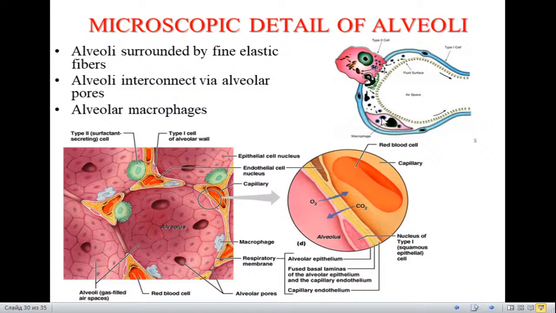Also present is surfactant. What is surfactant?